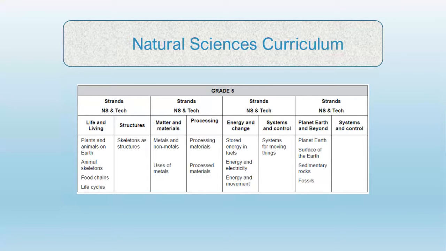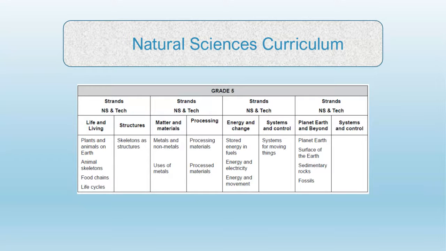Learning Unit 3. So if we look at the Natural Sciences curriculum for grade 5, then this is what they do in grade 5. They do plants and animals on Earth. They do animal skeletons, food chains, life cycles. In the technology strand, they do skeletons as structures. Then they also do metals and non-metals and the use of metals.